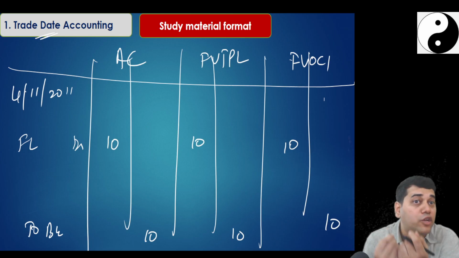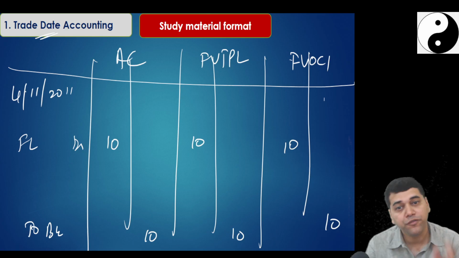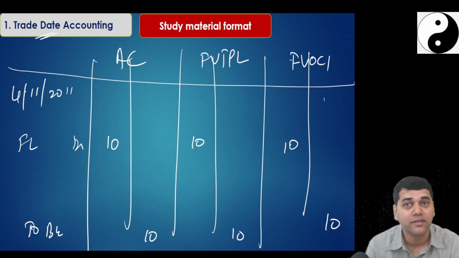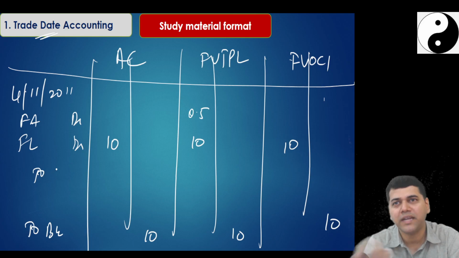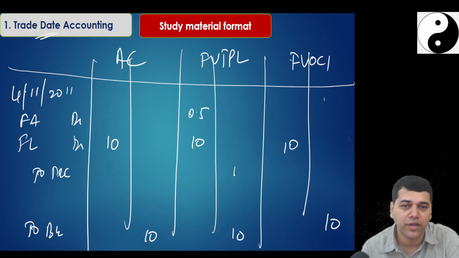So I will ignore that 0.5. If you classify it FVTPL, will you pass an accounting entry? What entry will you pass? Financial asset account debit. How much? 0.5, to what? P&L, fair value gain, 0.5.